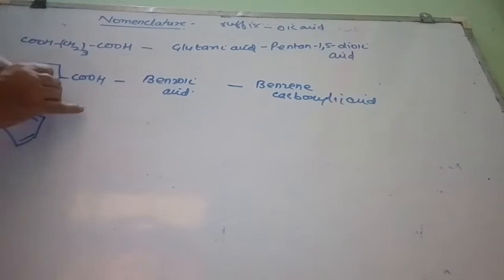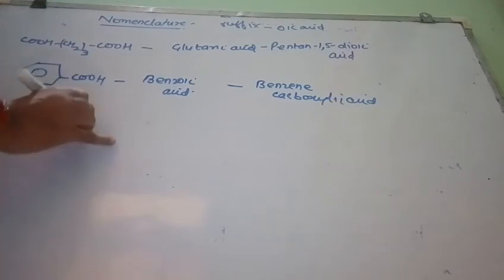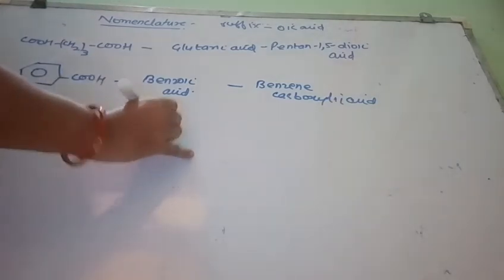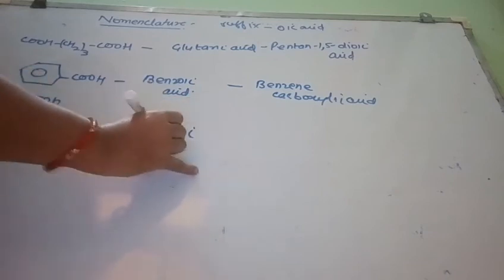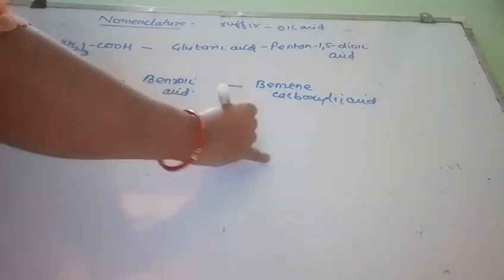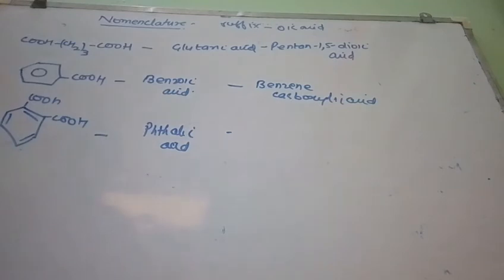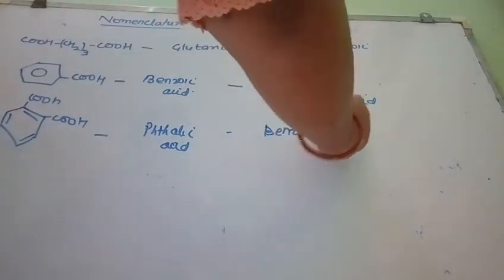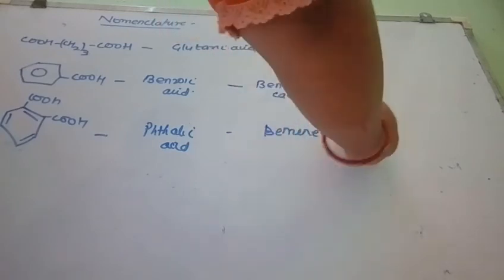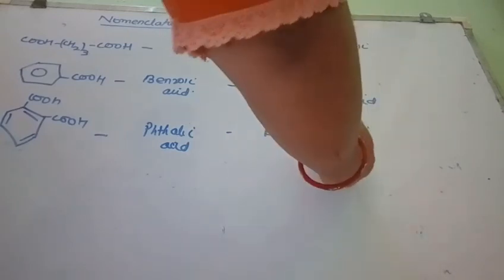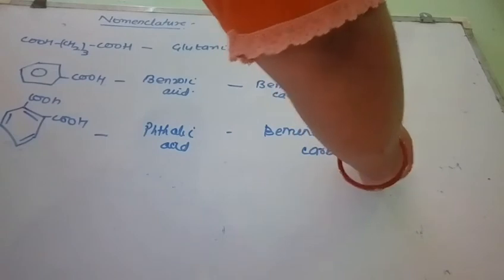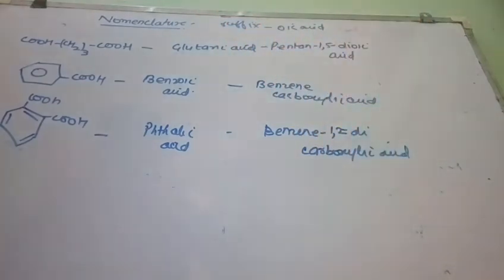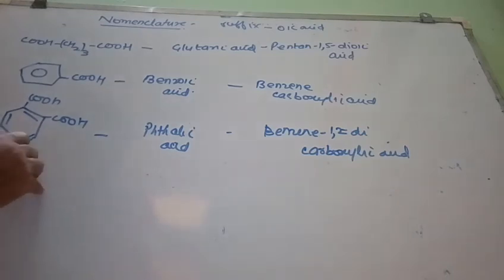Now suppose there are 2 carboxylic acid groups, then it is known as phthalic acid, the common name, and its IUPAC name is benzene 1,2-dicarboxylic acid. Here it is present at the 1,2 position, that is the ortho position.